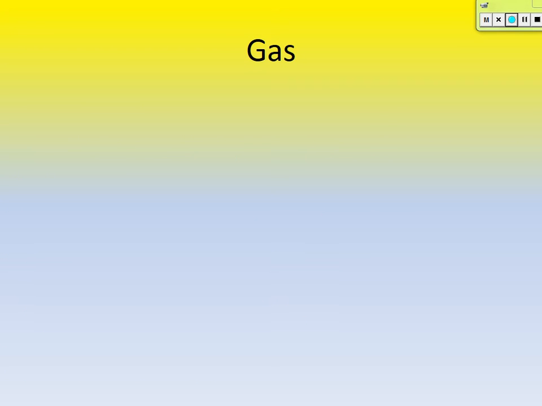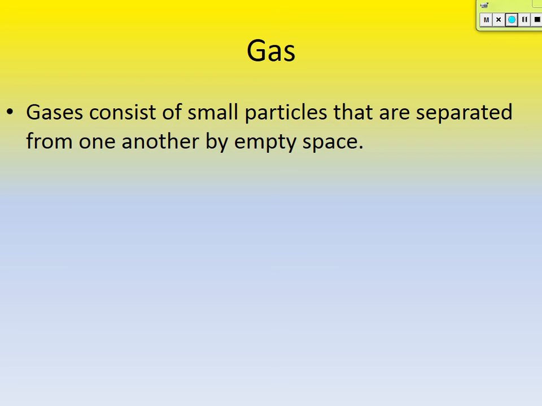So let's look at the gas phase first and talk about it in more detail. Gases consist of small particles that are separated from one another by empty space. So there's a lot of distance between these molecules, and they're moving around in random motion all over the place.